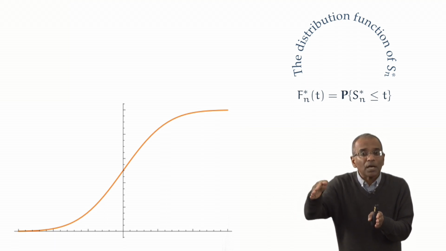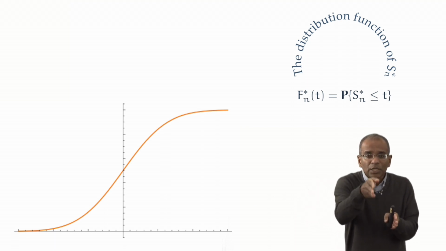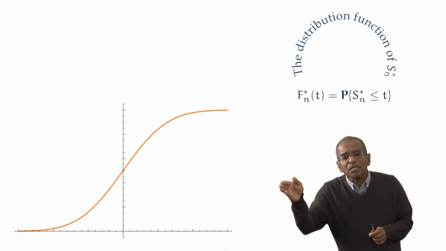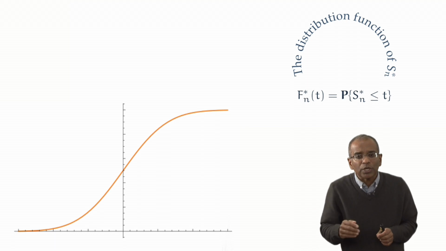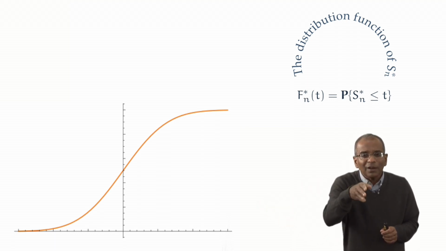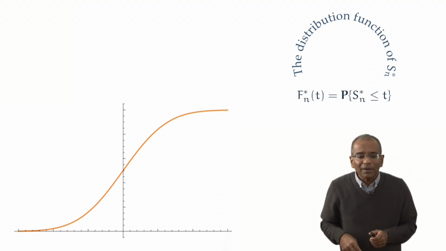It jumps up by that mass amount, stays flat, jumps up. Of course, the sizes of the steps vary. They depend upon the masses of the atoms that you encounter. But we ineluctably have a step character for this function Fn star.